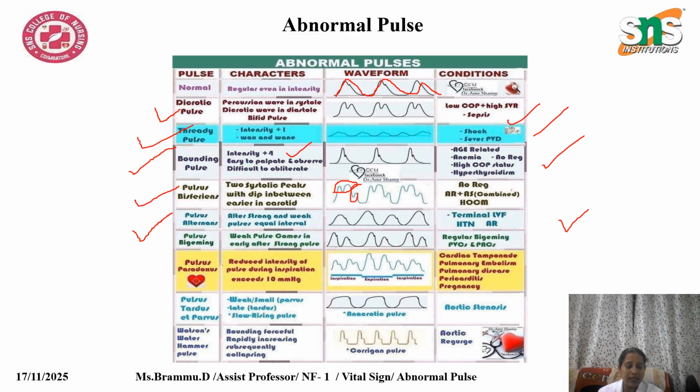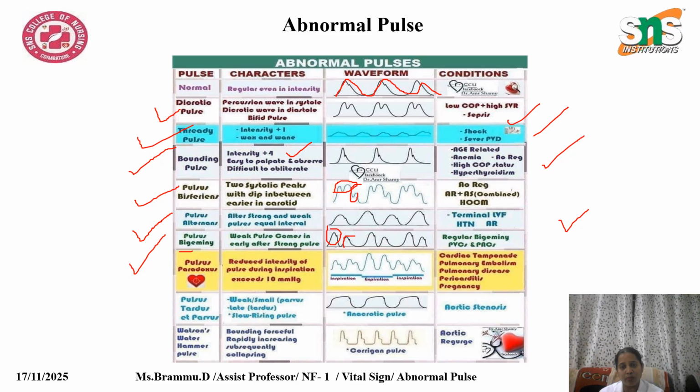The sixth type of pulse is pulsus bigeminus. From the clue word, bi means two. So here there is a weak pulse, followed by a strong pulse, then again a weak pulse followed by a strong pulse.